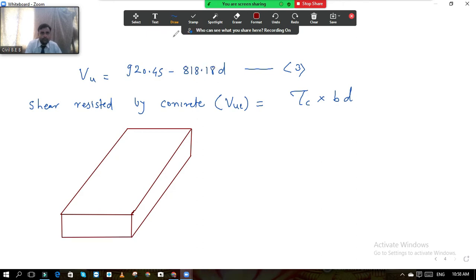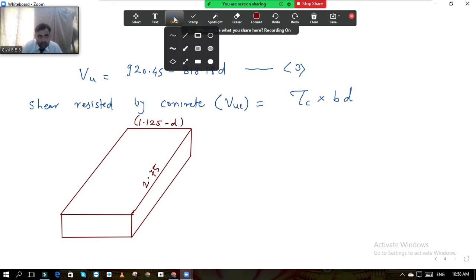We already know it is 1.125 minus d on this side. This total side is known to you, it is 2.75 meters, and this one is d.